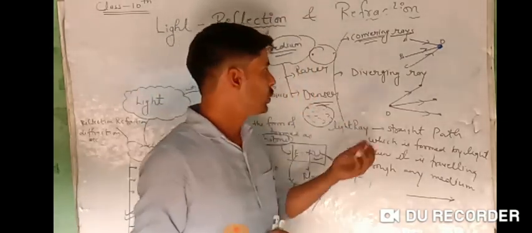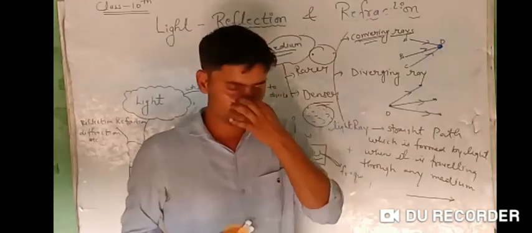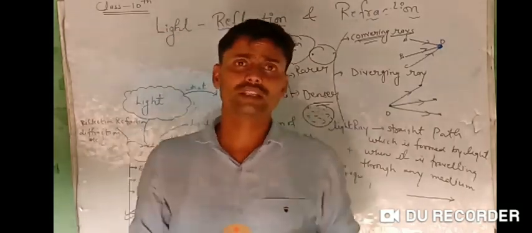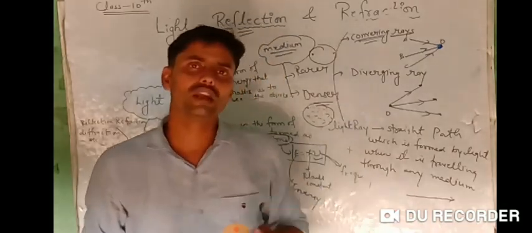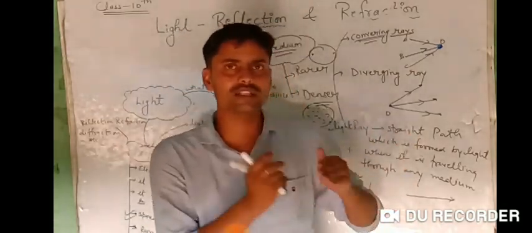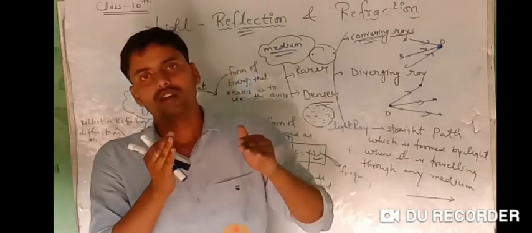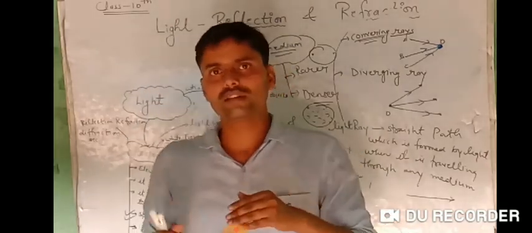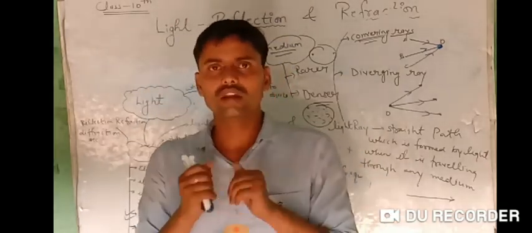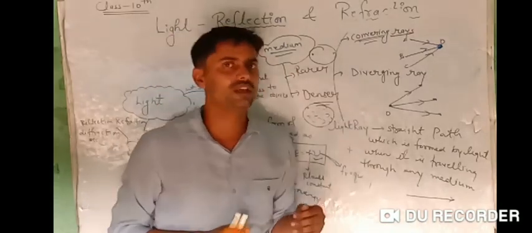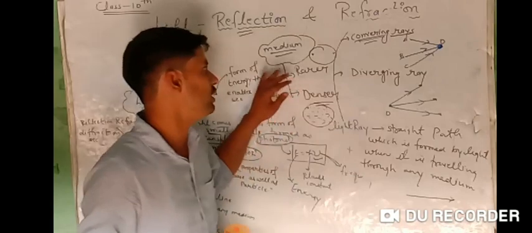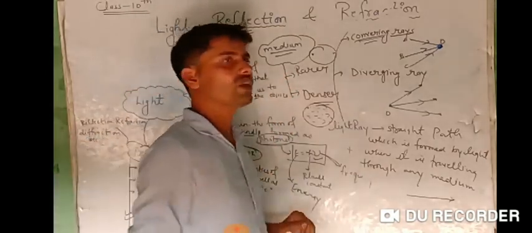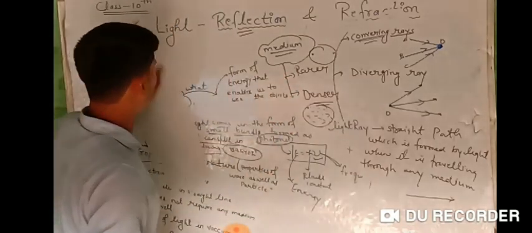When we compare solid, liquid and gas, then solid is the densest, liquid is less dense than solid, and air is less dense than liquid. So in this way we have studied rarer medium and denser medium, and what a medium is. Now we are going to study about reflection of light.